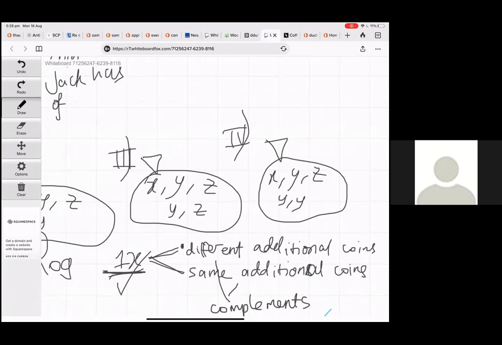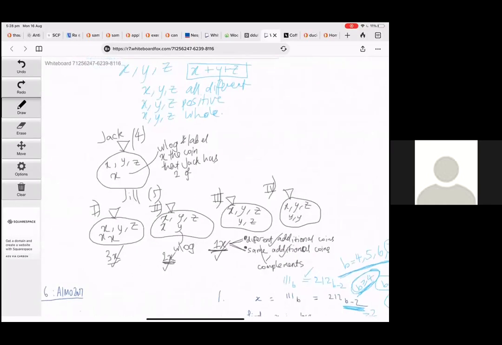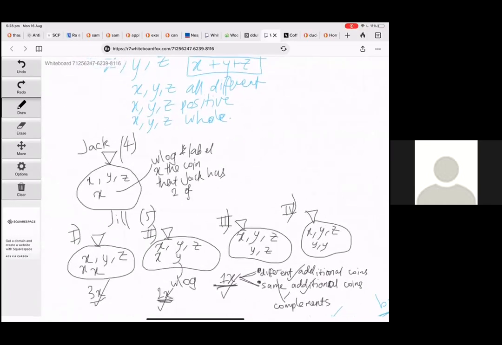If this one is not true, then this has to be true. And if this one is not true, then this has to be true. So by splitting it up into cases like that, I'm definitely sure that I've exhausted all the possibilities and there's nothing left to check.